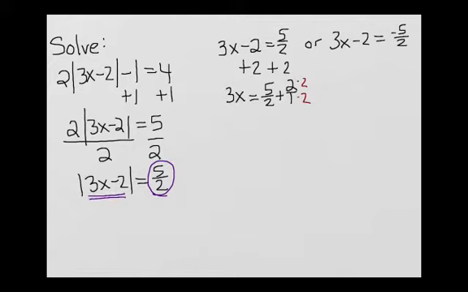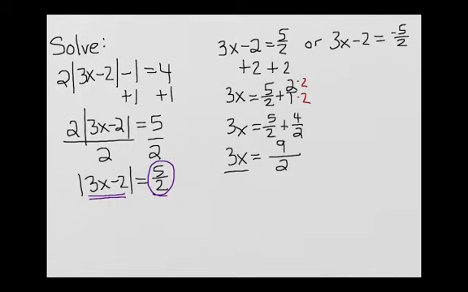So I'll multiply the numerator and denominator of 2 over 1 by 2, and we end up with 3x is equal to 5 halves plus 4 divided by 2, and we'll add those two fractions together by keeping the common denominator and adding together their numerators, and we get 3x is equal to 9 halves.